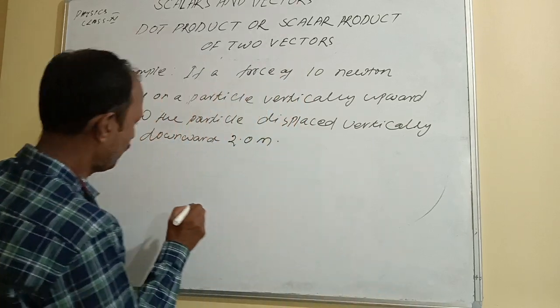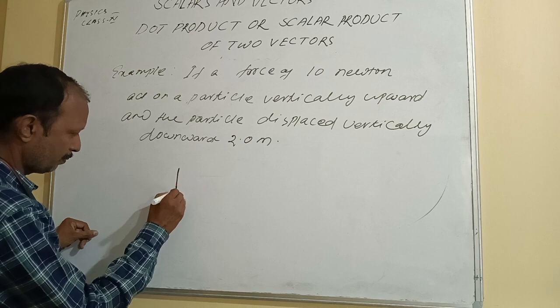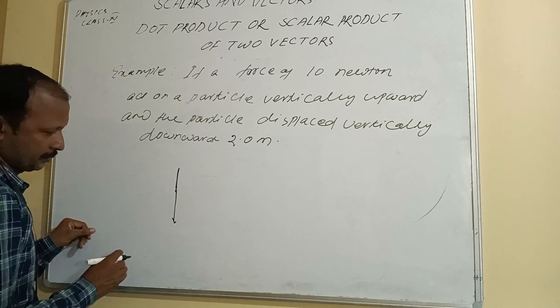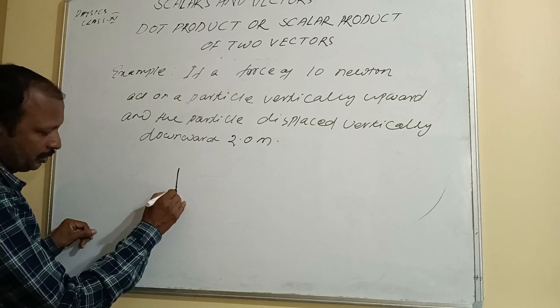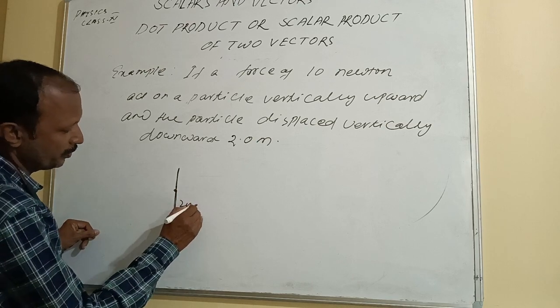That means this is the particle. You applied the force upwards, but the particle moved downwards. So from here to here the particle moved. Suppose this is the 2 meter.